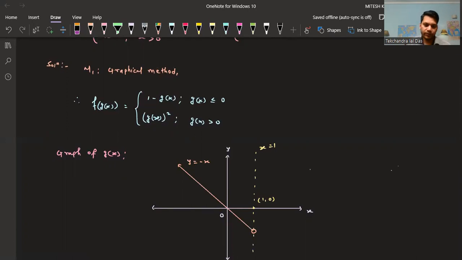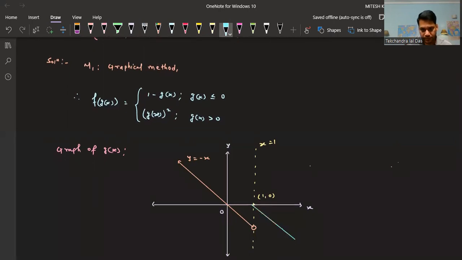Definitely, if y equals 0, then clearly x equals 1 for 1 minus x. So the graph will be like this. This is your graph of y equal to 1 minus x, and this point will be included here.